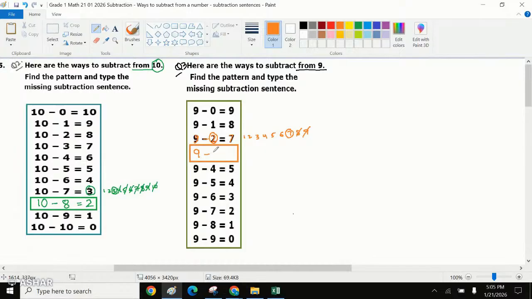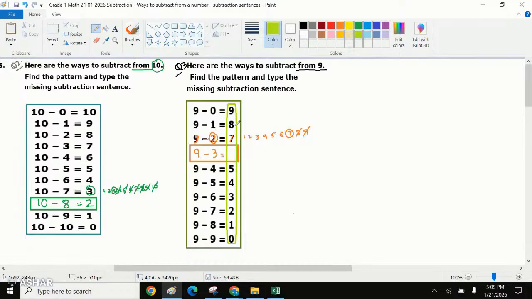the next number to 2 is 3. What we need to see is we are following a sequence over here. And the sequence given is 9, 8, 7, 6, 5, 4, 3, 2, 1, 0. Agreed? So we also have a sequence over here.